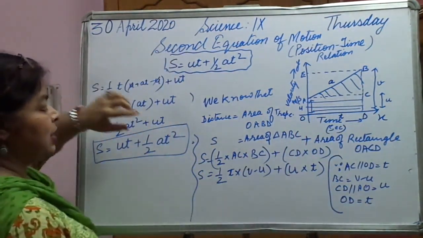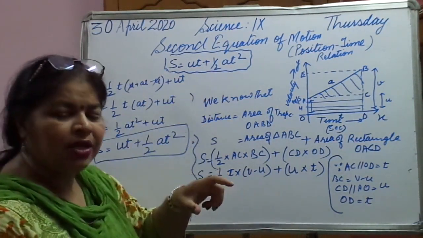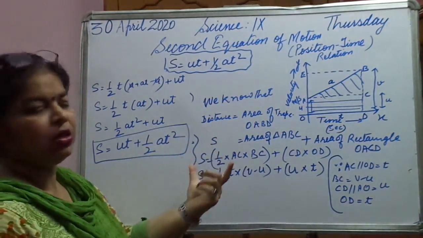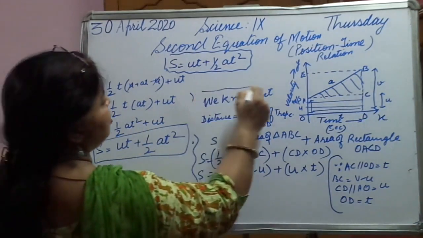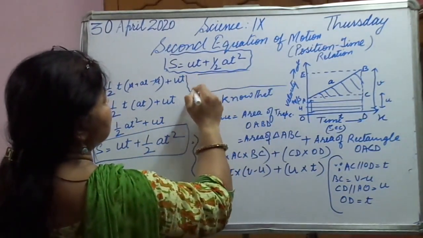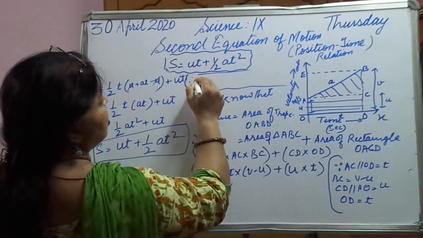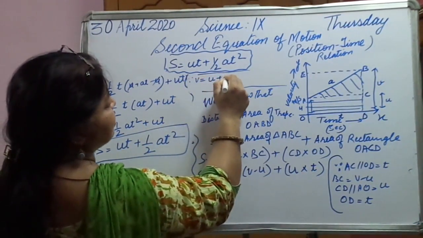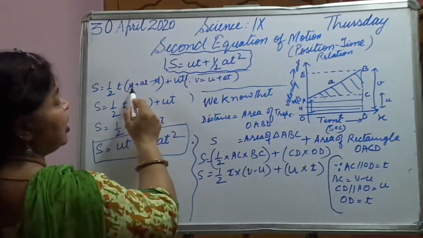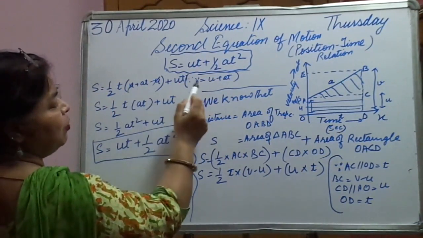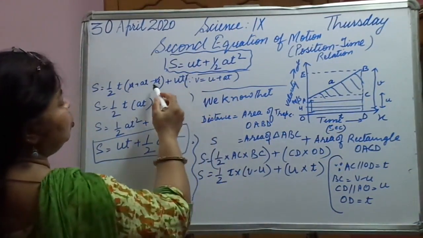Now just see that V is not present in the equation we want, so we need to eliminate V from this equation. Instead of V, what are we going to write? Here we will write the reason. Since V is equal to U plus AT from the first equation of motion, instead of V we write U plus AT.